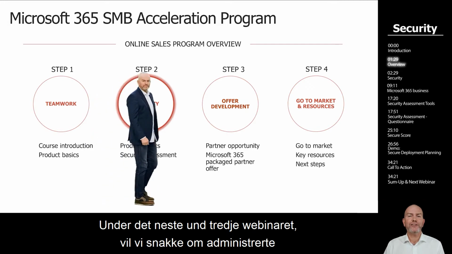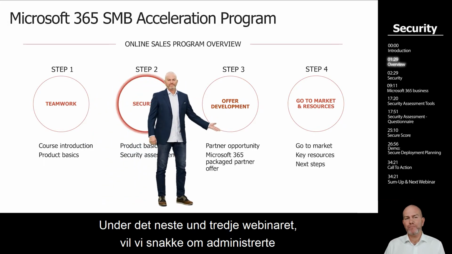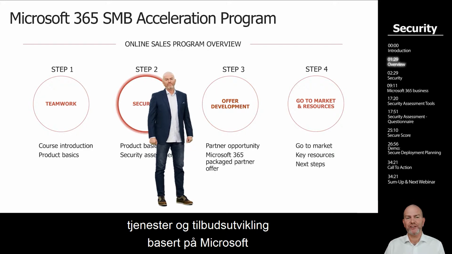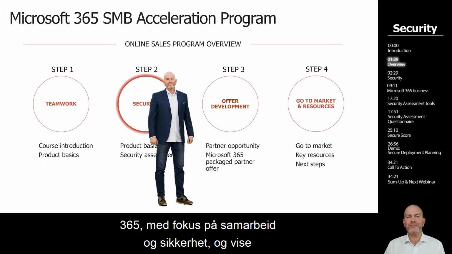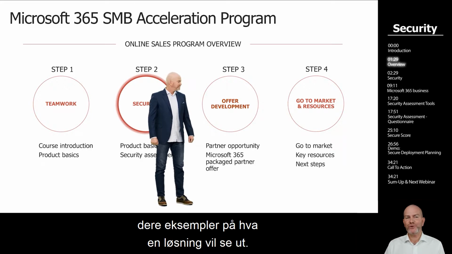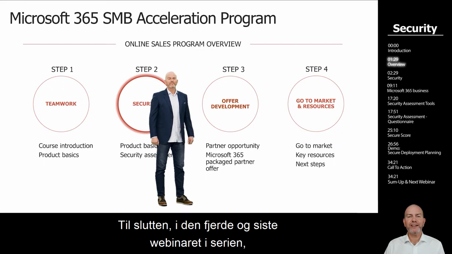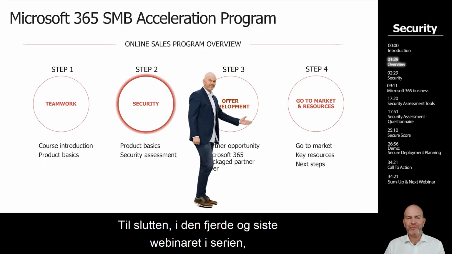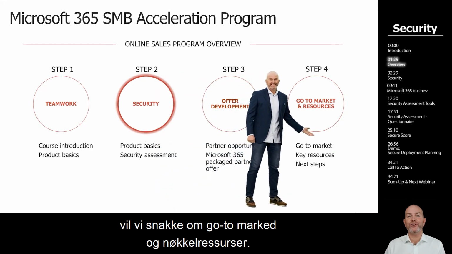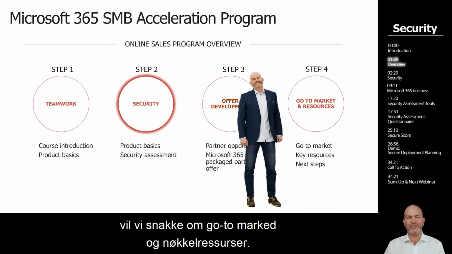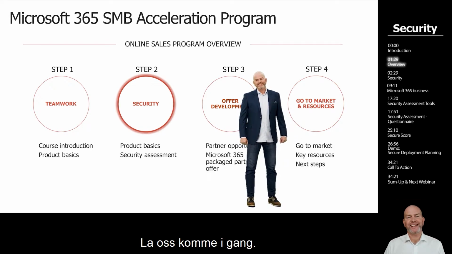In the next and third webinar, we will talk about managed services and offer development based on Microsoft 365, focusing on teamwork and security, and show you examples of what a solution can look like. And finally, in the fourth and last webinar in this series, we will talk about go-to-market and key resources. So let's get started.